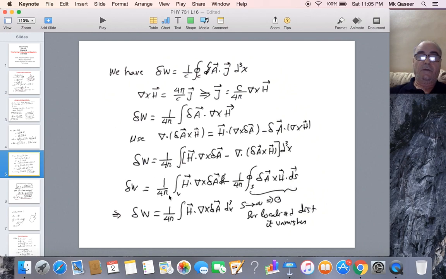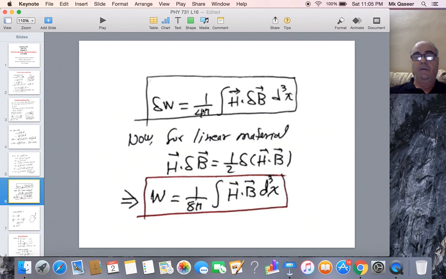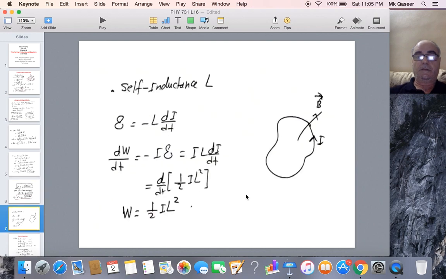So we are left with this expression for delta W, which means that delta W is 1 over 4 pi integration H dot delta B d3x. Now for a linear material, we can write H dot delta B as half of delta of H dot B, then substitute here. We get that W is equal to 1 over 8 pi integration of H dot B d3x.